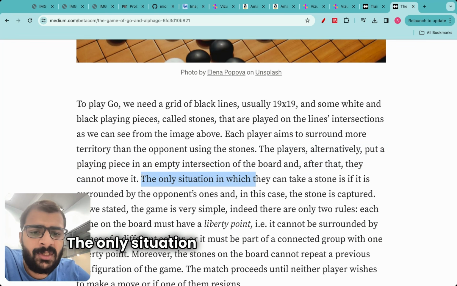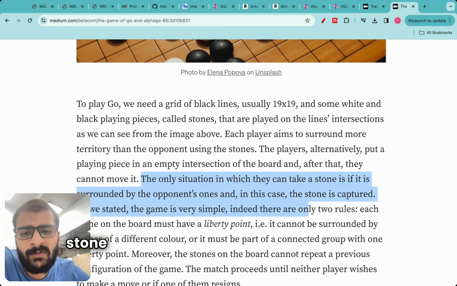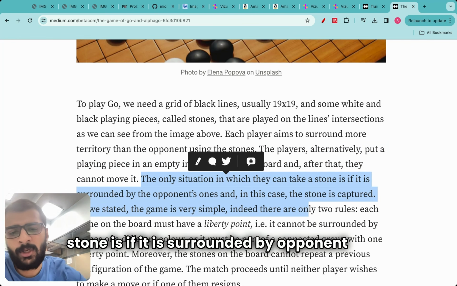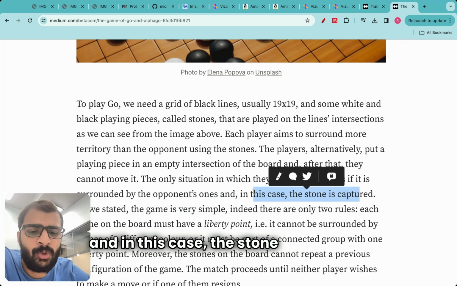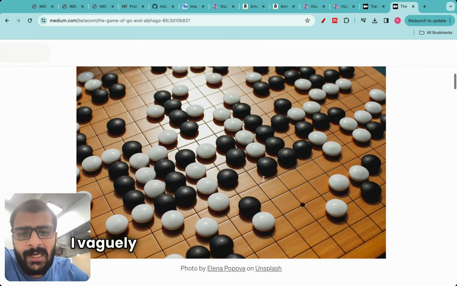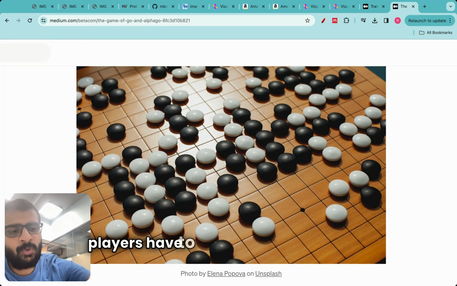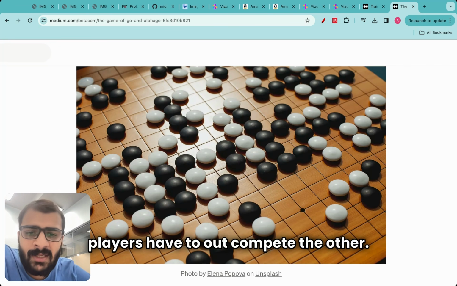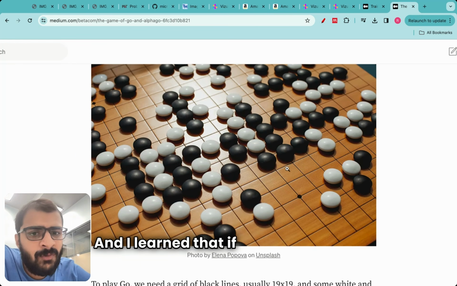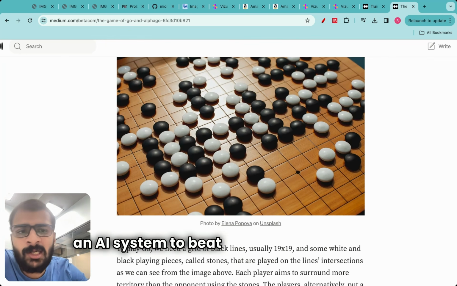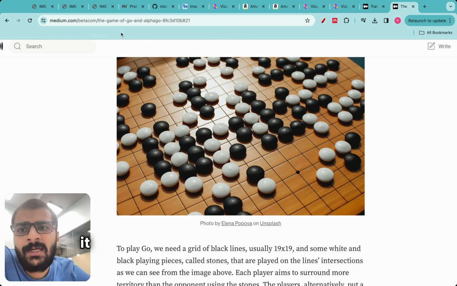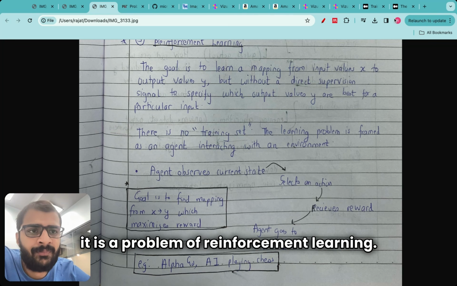The only situation in which they can take the stone is if it is surrounded by opponent ones, and in this case, the stone is captured. I vaguely understood this, and I understood that this is a strategy game where players have to outcompete the other. And I learned that if you want to train an AI system to beat humans at this game, it is a problem of reinforcement learning.